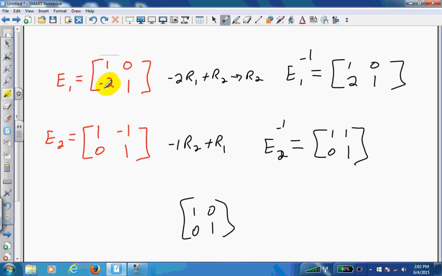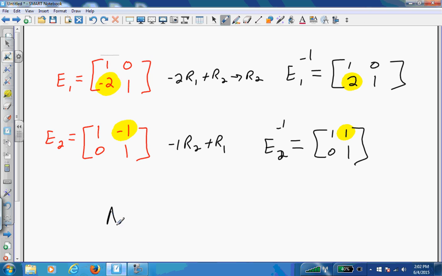So the opposite of that being negative 2 would be to be positive 2. On this one, the part that's not the same as the identity matrix is that. The opposite of that being negative 1 is to be positive 1. So this is the inverse of that. This is the inverse of that.